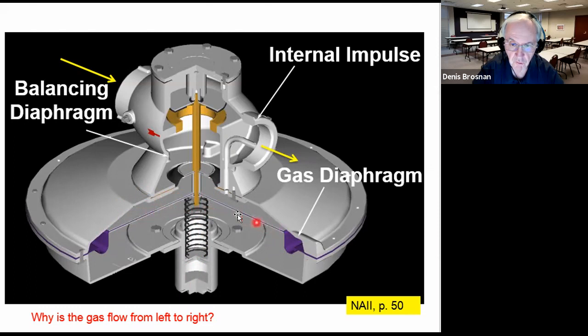Nevertheless, these adjustments are very rare in combustion equipment, in my experience anyway. So this is allowing the pressure to be regulated relative to atmospheric pressure. It's a flow relative to atmospheric pressure.